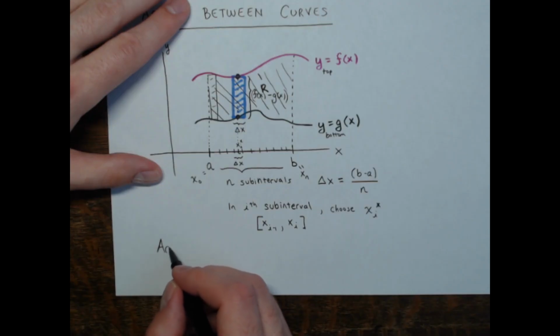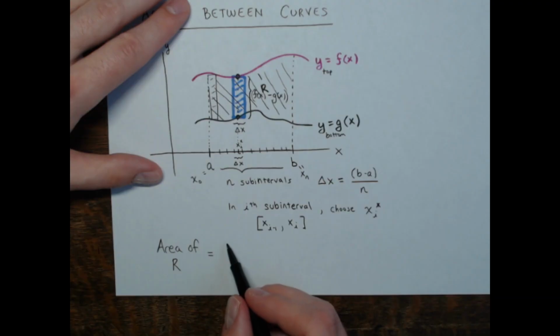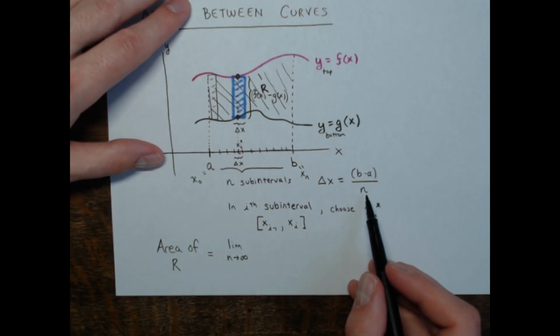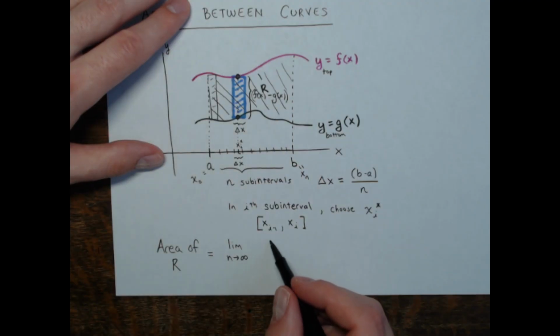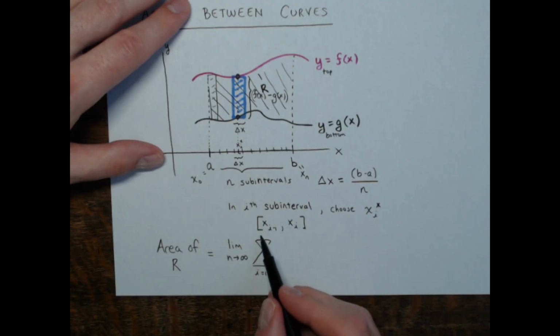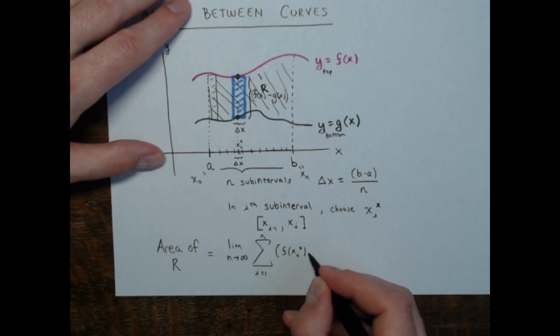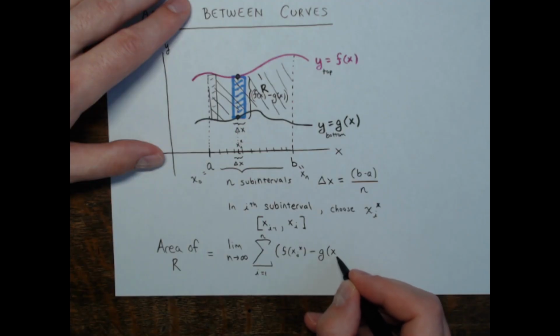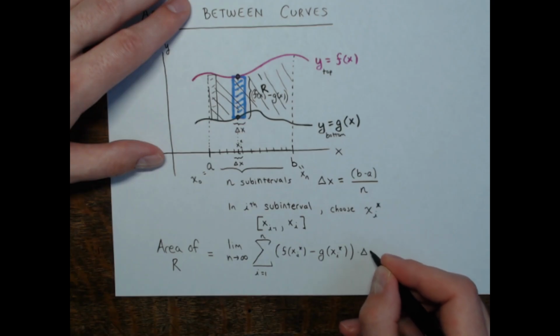So the area of R would be the limit as n goes to infinity, how I would like the number of pieces to go to infinity, make these rectangles thinner and thinner, get better and better approximations, of the sum from, say, i equals the first piece to the nth piece of the areas of these rectangles, which would be the value of f at x i star minus the value of g at x i star for the heights of them, and then times delta x.